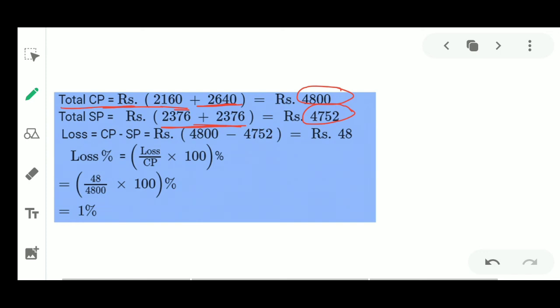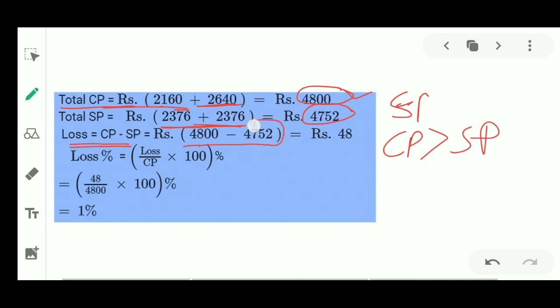Now we'll find out. As you can see, the CP is more than SP, so there is a loss. So loss equals CP minus SP, that is equal to 4800 minus 4752. That will give 48 rupees.